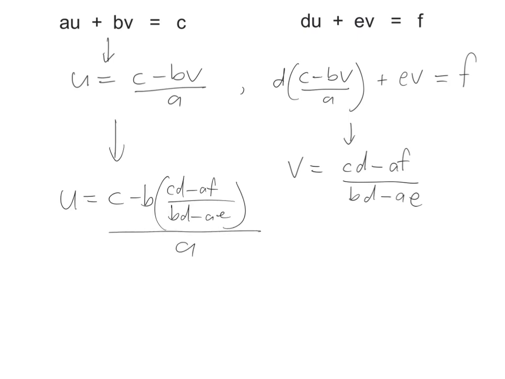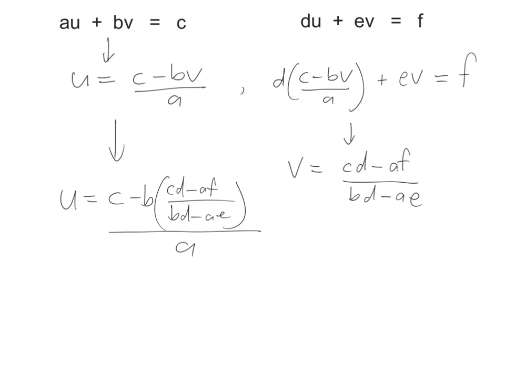Great. So all we've done is substitute this expression for v into here, and now we have an expression for u. Now this looks rather ugly, but no worries. The important thing is that a, b, c, d, e, and f are all known given quantities, so this is known. So we've found out what u is now. We've actually solved for u.